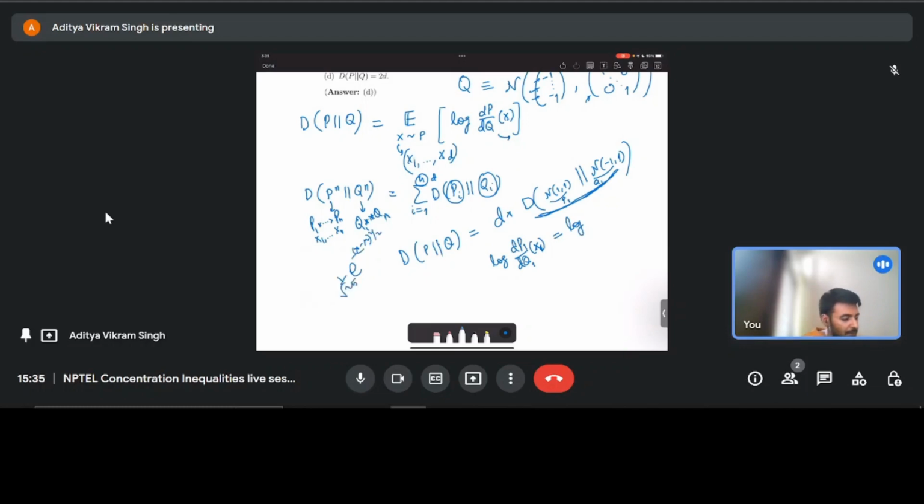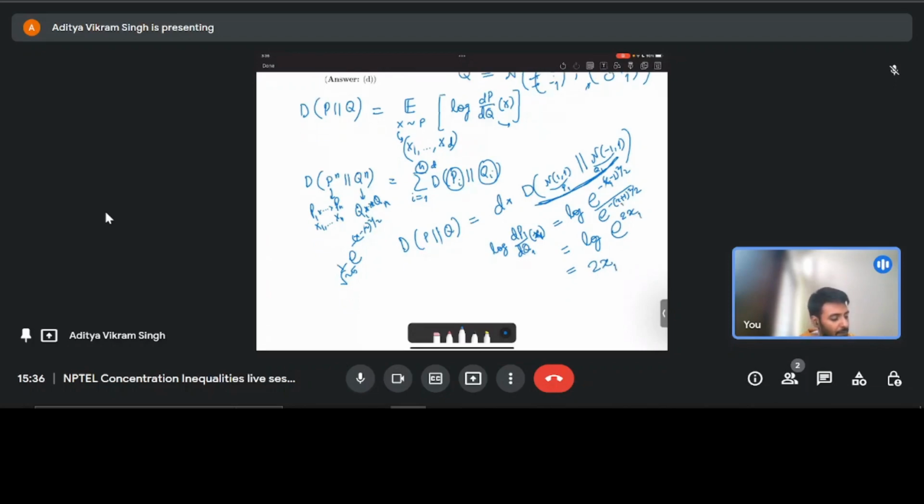So 1 by root 2 pi will cancel because there's a ratio of P1 and Q1. So it would just be e to the power minus (x minus 1) the whole square by 2, divided by e to the power minus (x plus 1) the whole square by 2. This would be just log e. So the x square factor will cancel, the 1 factor will cancel. It will be like 2x. This is x1, all of these are x1.